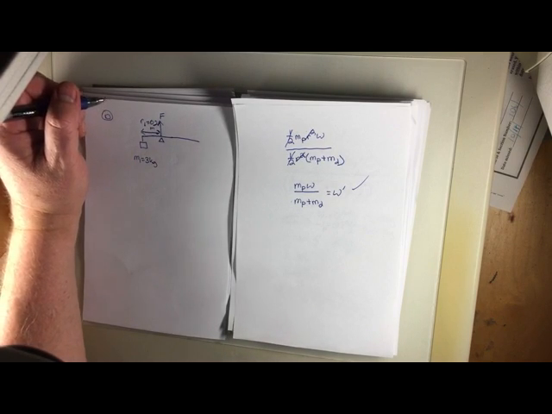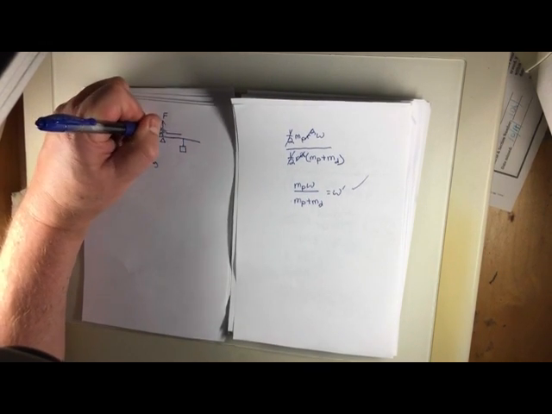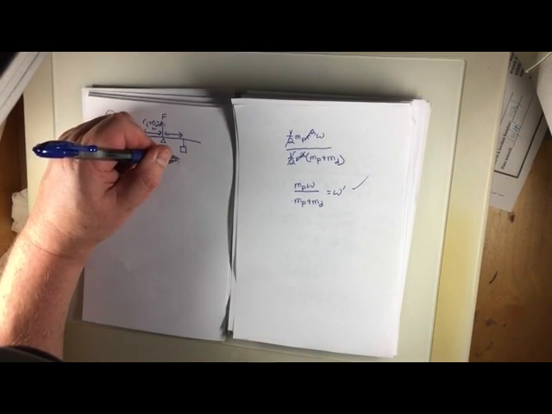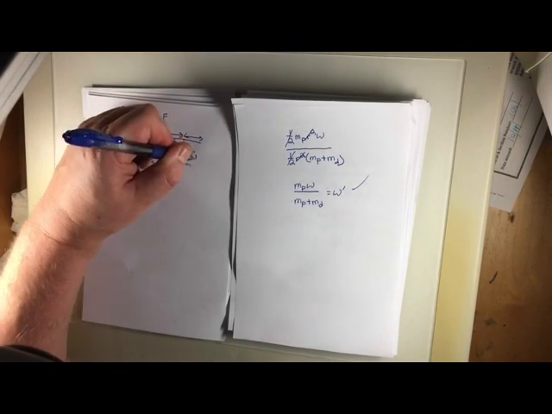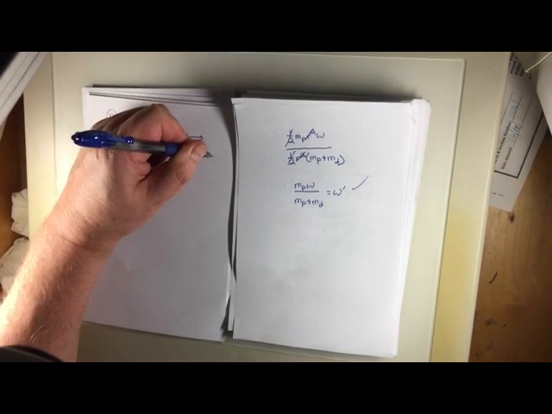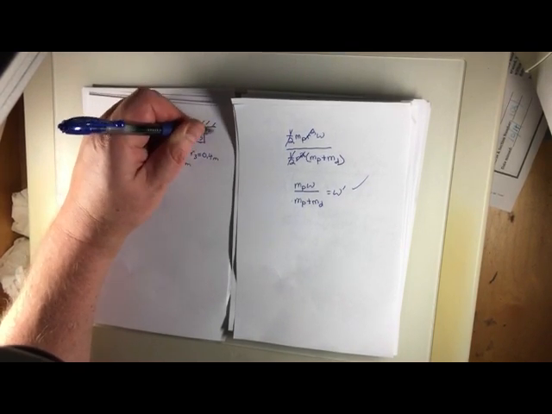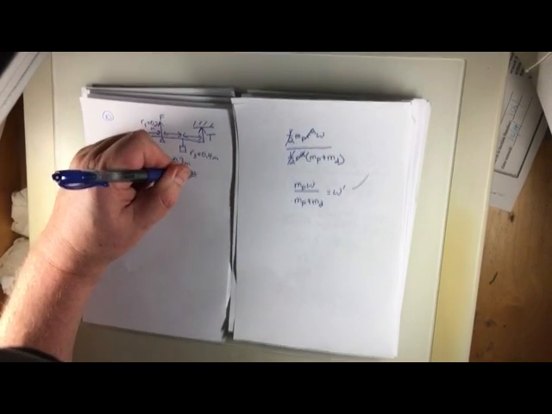We've got R2, which is 0.3 meters. And then we have R3, which is 0.4 meters. At the end, there is a string which is tied to the ceiling and has a tension T, and there is a force F at the fulcrum. M2 is 12 kilograms.